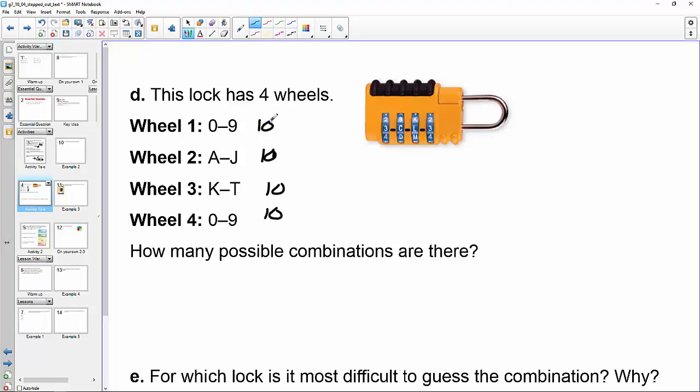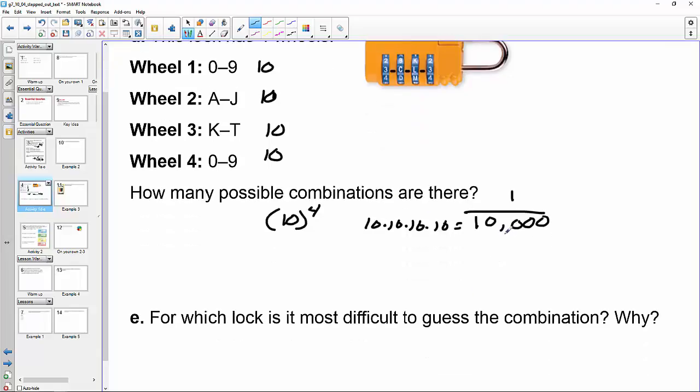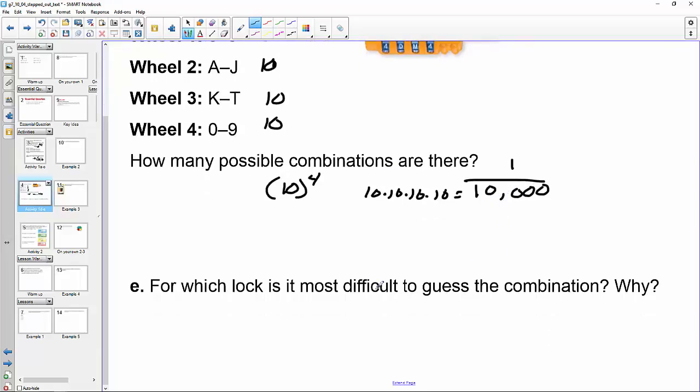So how many combinations are there? I would just multiply 10 to the 4th power, or 10 times 10 times 10 times 10, and I get a total of 10,000. So there's 10,000 different combinations for this one. So just by adding an extra wheel to it, I made it 10 times harder to get into, right?